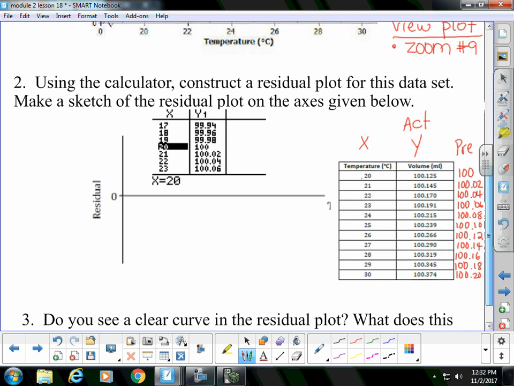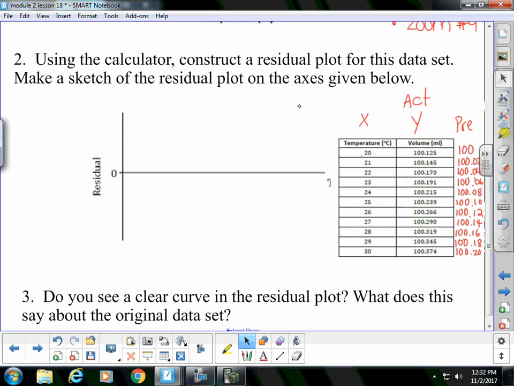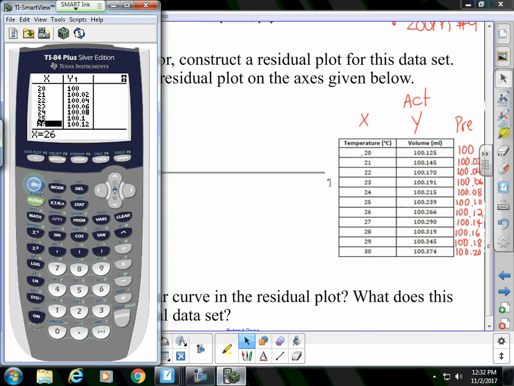Okay, but we need the residuals. So to get the residuals, we have to subtract the actual and the predicted. So I'm going to subtract those two numbers. There's not a quick way to do that. I'm going to subtract 100.125 and 100, which is just going to be 0.125.